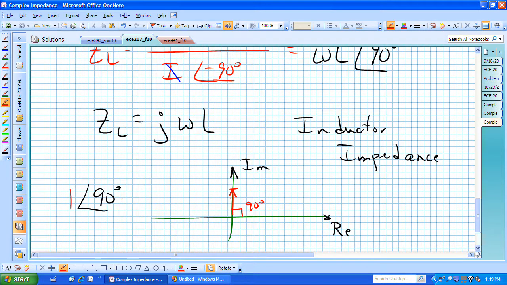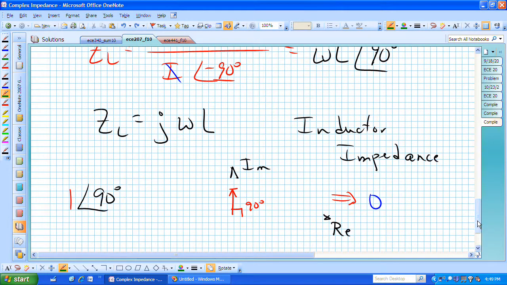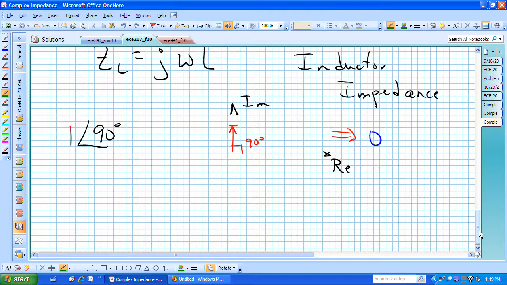That in rectangular form is simply a real part of 0, and we have an imaginary part of 1.